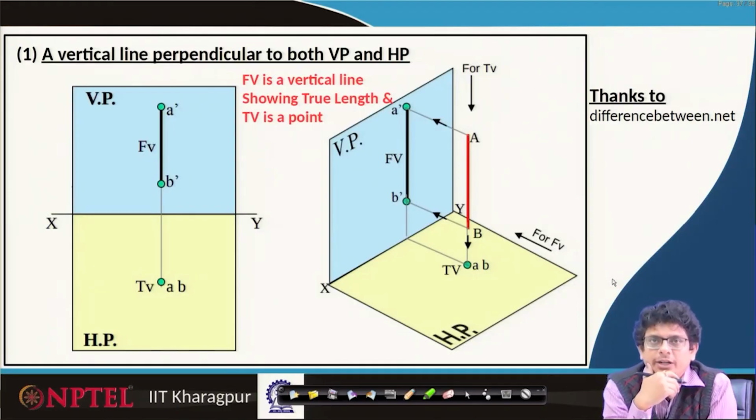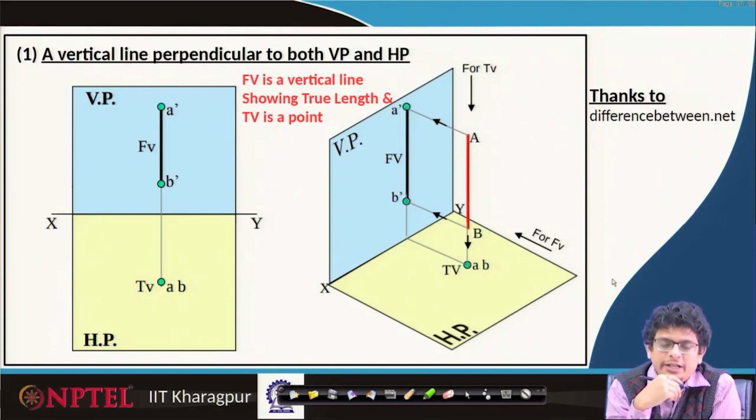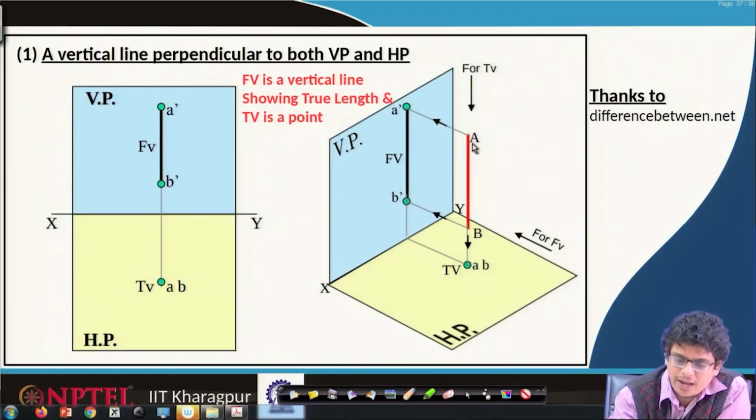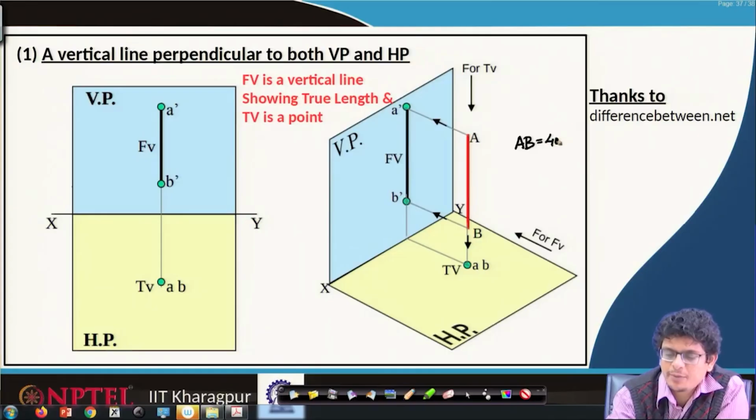The first important observation is, when we are projecting these lines onto the vertical plane and horizontal plane in this special case, the front view is a vertical line precisely giving the true length of the object. So if AB is 40 mm, then in this front view A prime B prime we will also get 40 mm.